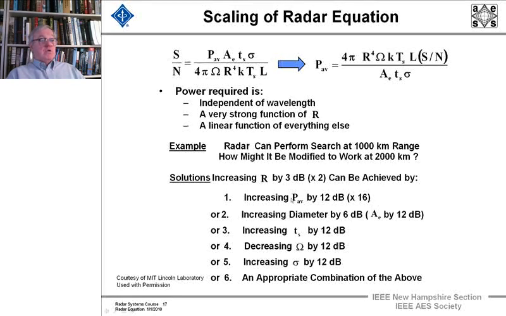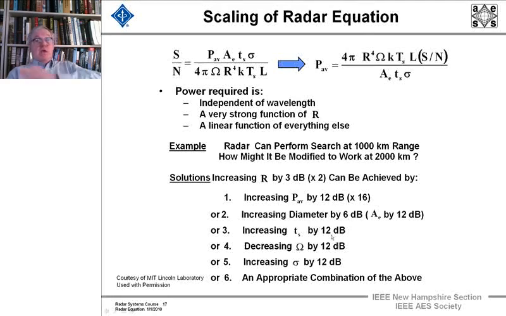Well, we could increase the average power by a factor of 16, by 12 dB. That's a hefty increase in power. Or we could increase the diameter of the antenna by a factor of 4, or the area by a factor of 16, or increase the scan time by a factor of 16, 12 dB.